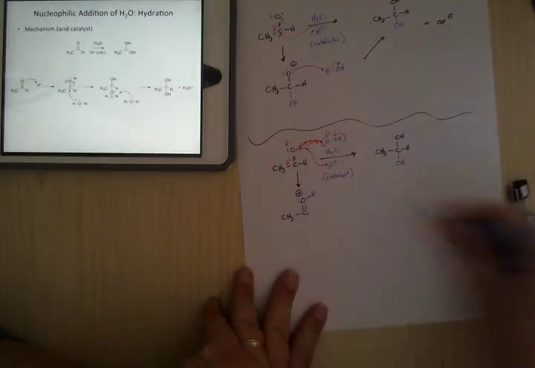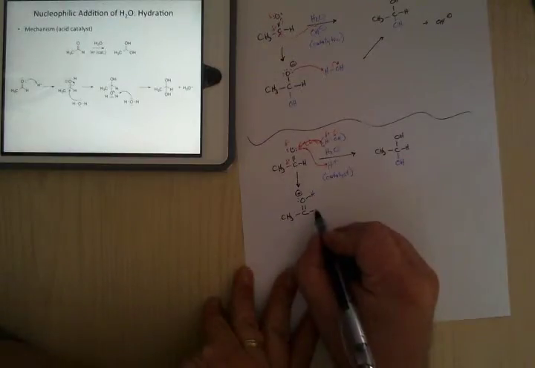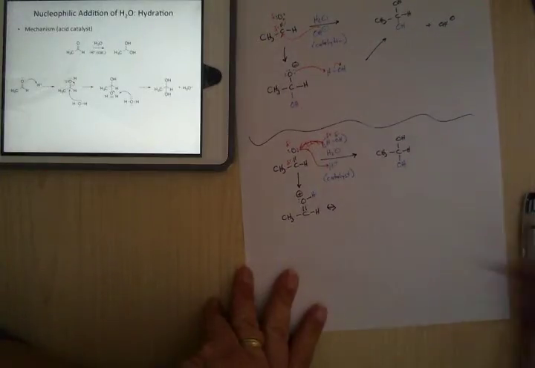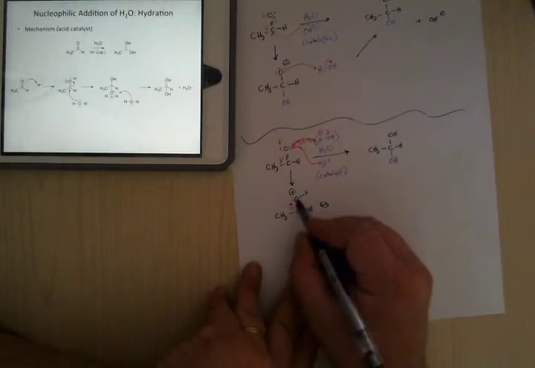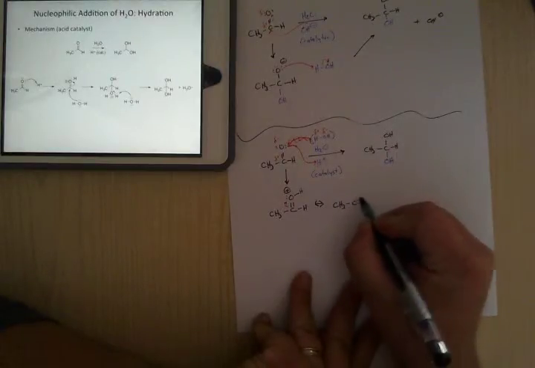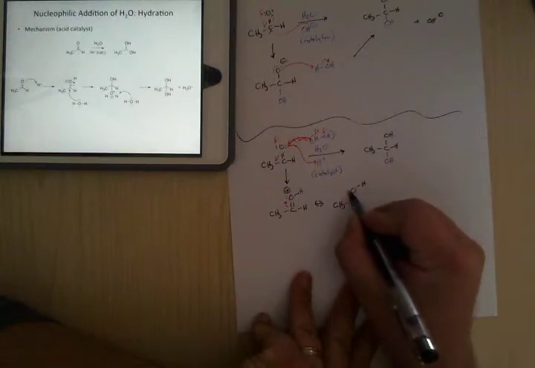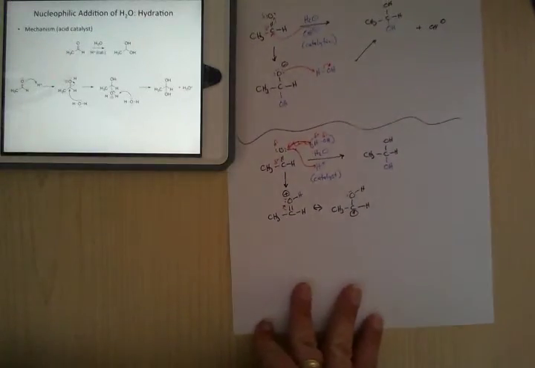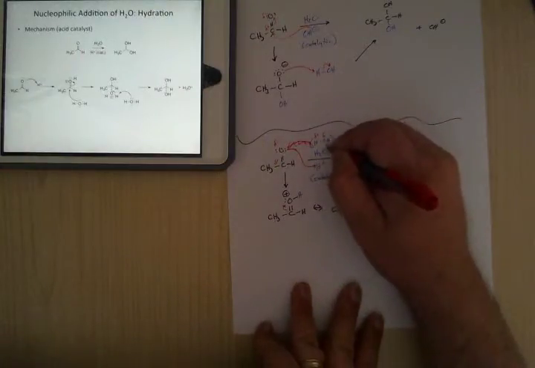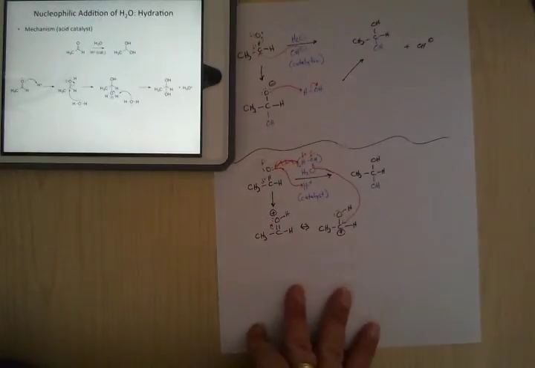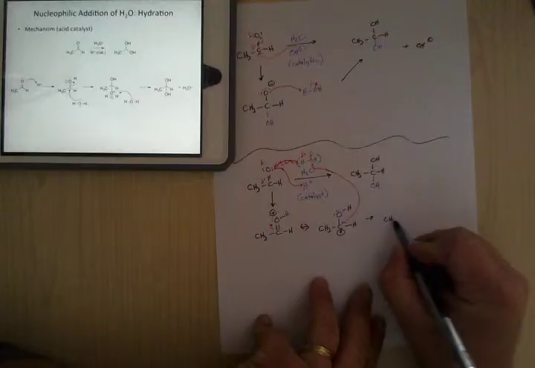Now a nice resonance structure of this is this, right? Because we have an oxygen with a positive charge, something electronegative with a positive charge. So you could do this resonance structure like that. Now this guy can come in, attack there, to make this.